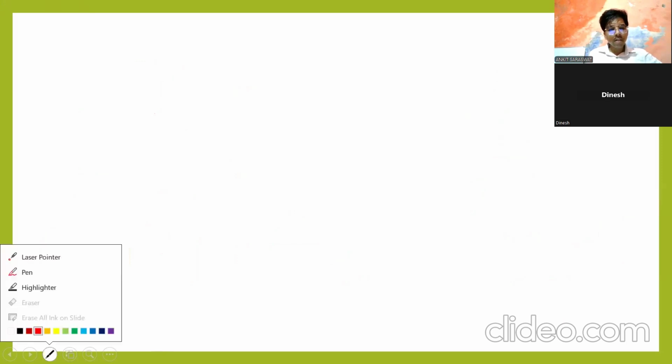factors affecting spring constant. I think you can write this point also first. Direction of spring force.